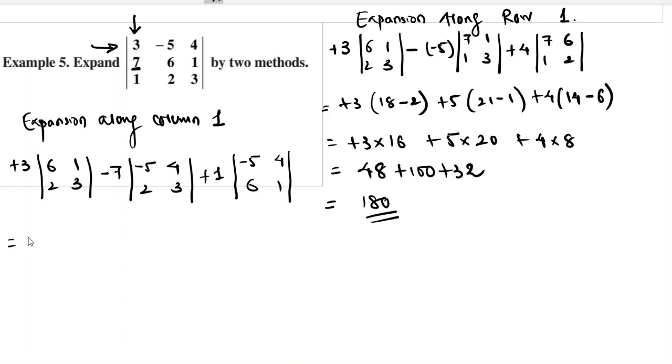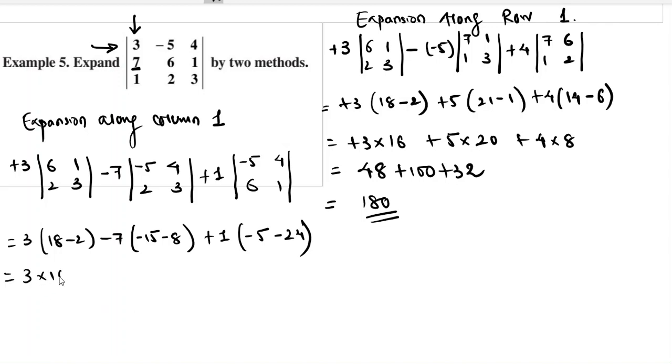Let's check the answer. So 3 bracket 6 3s are 18 minus 2, minus 7 bracket minus 5 3s are minus 15 minus 8, plus 1 minus 5 minus 24. So 3 into 16 minus of 7 multiplied by minus 23 plus 1 multiplied by minus 29.